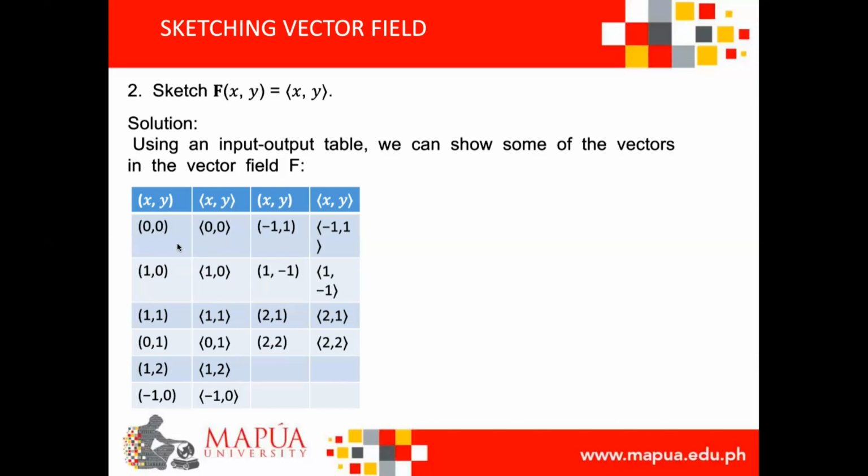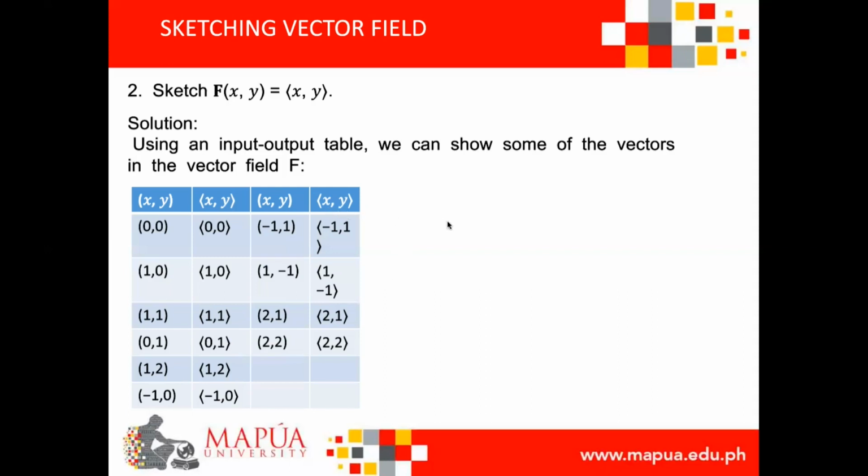So I hope that you will not get confused on this symbol that we use for point and the components of your vector field. To continue, we have now the point 1, 2, and the components of your vector field will also be 1, 2. Then you have negative 1, 0 as the coordinates of your point, and for the components of your vector field, it's also negative 1, 0, and so on and so forth.